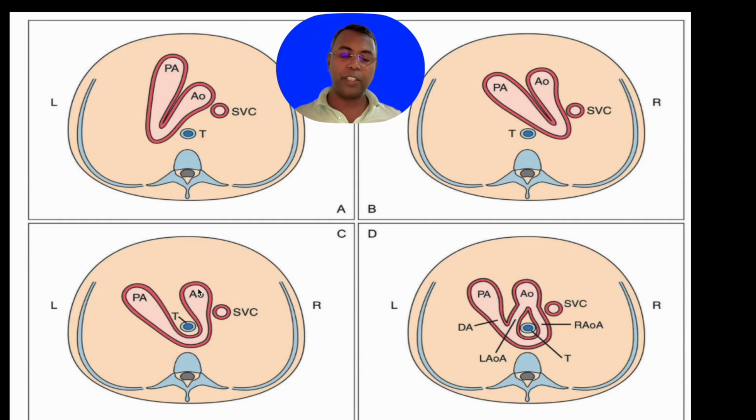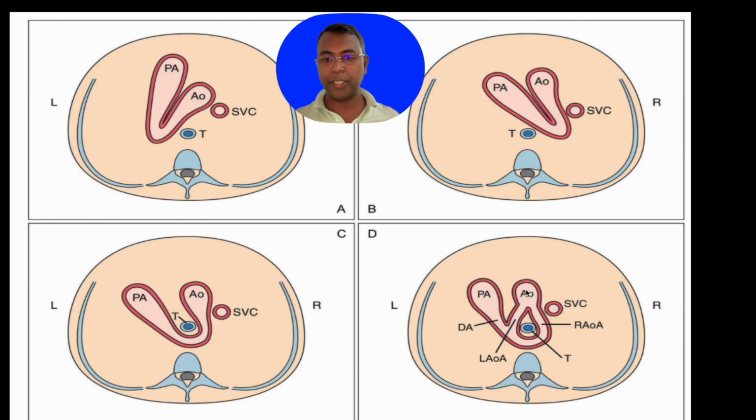Sometimes in the three-vessel view we can get a U-shaped pattern where the right aortic arch and the left ductus arteriosus are present. It joins behind the trachea. It does not form a ring, but it forms a U shape, which is very suggestive of a right-sided aortic arch.